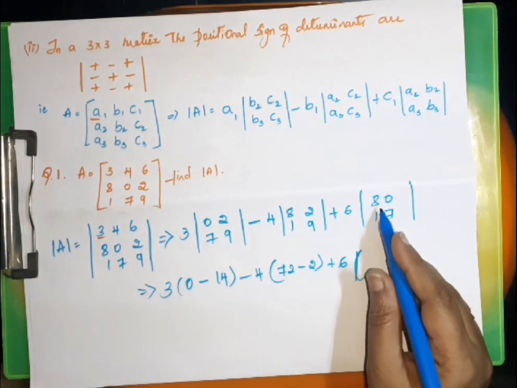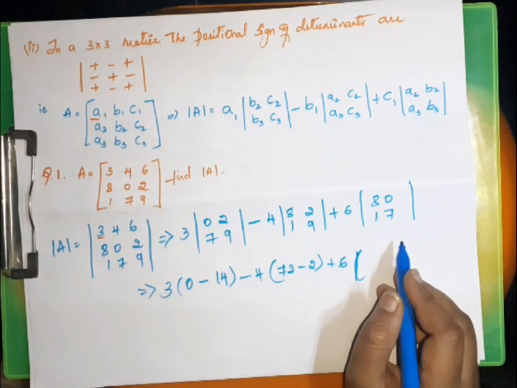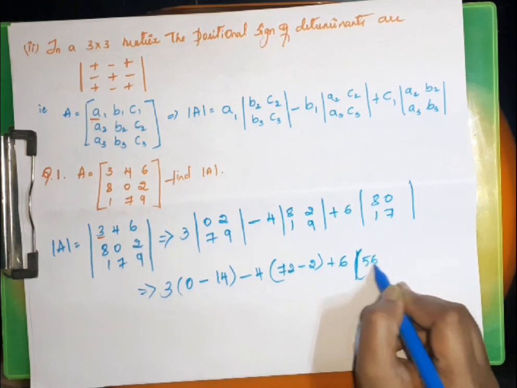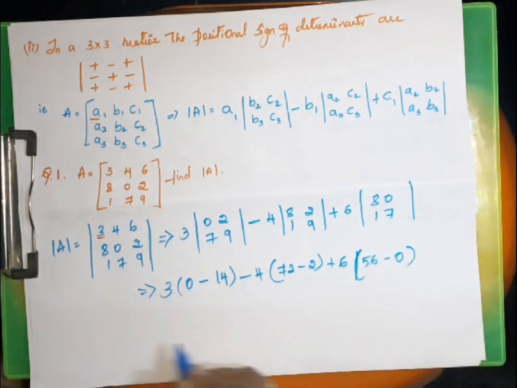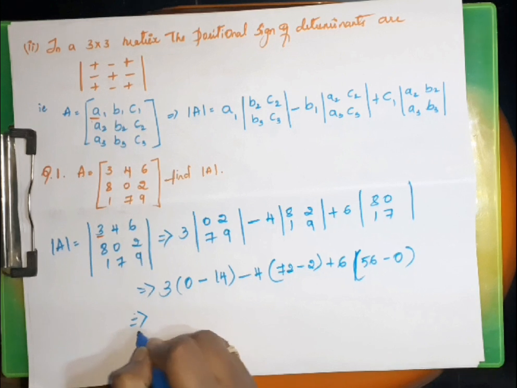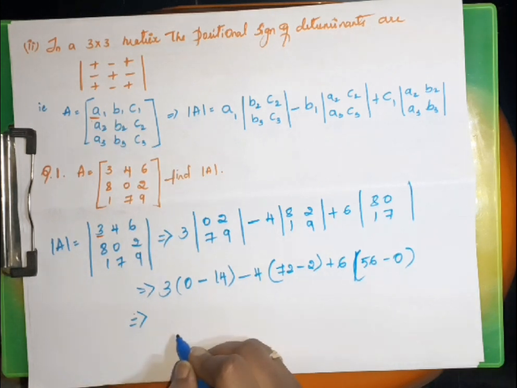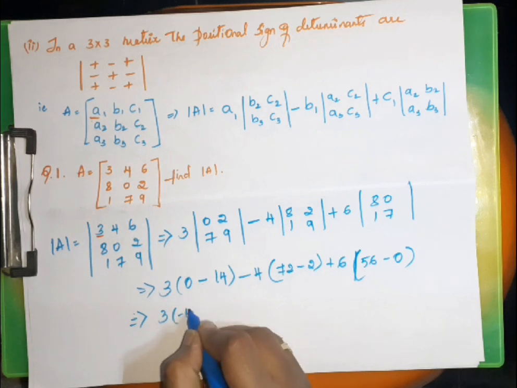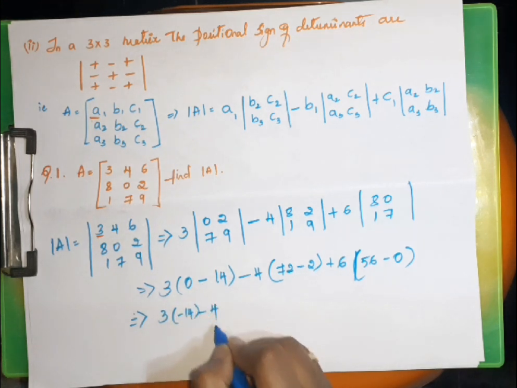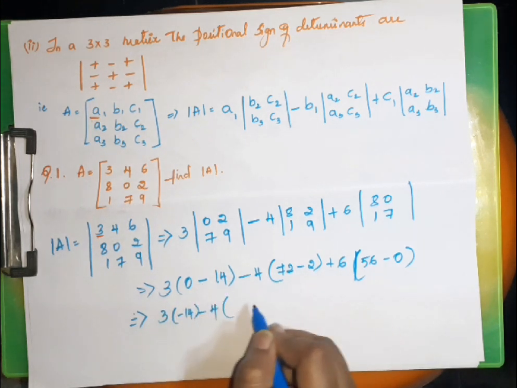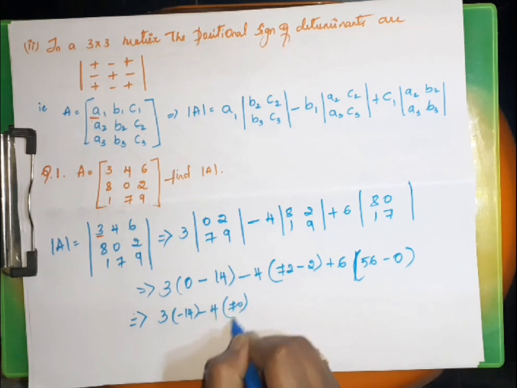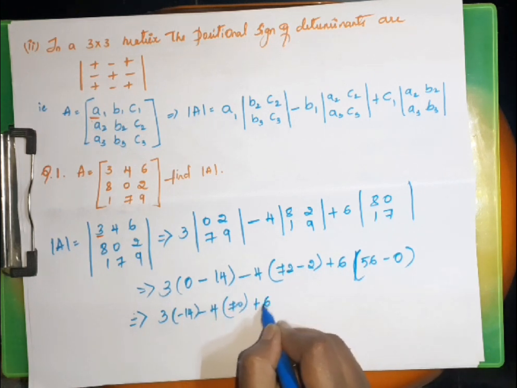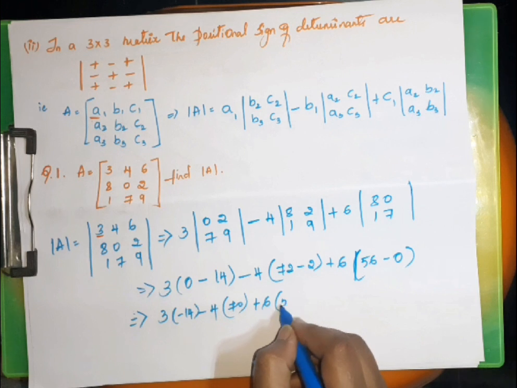Okay, so next 8 into 7, that is 56. Then 1 into 0 is 0. So here 3 into minus 14, minus 4. 72 minus 2 is 70, you will get plus 6, 56.